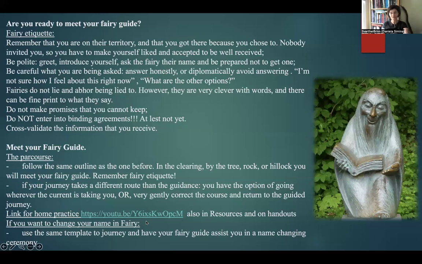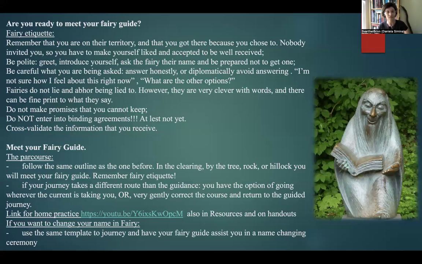You may be given a different name in fairy. You may have the surprise that your fairy guide starts calling you by a different name. There is also the chance that you may be given a different name while in your bright, alert, and awake state, or in a dream, or somehow a new name may come to you as your true name.